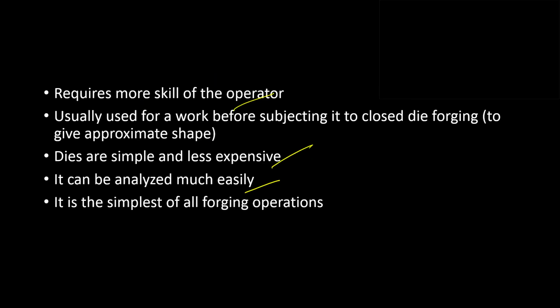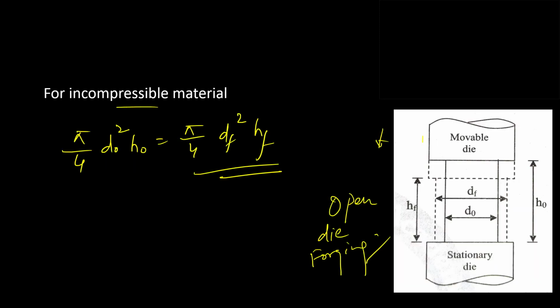Now the forces which are applied in the forging operation. As you can see here, in the beginning the diameter is d naught, so there will be a cross sectional area, that is A naught.